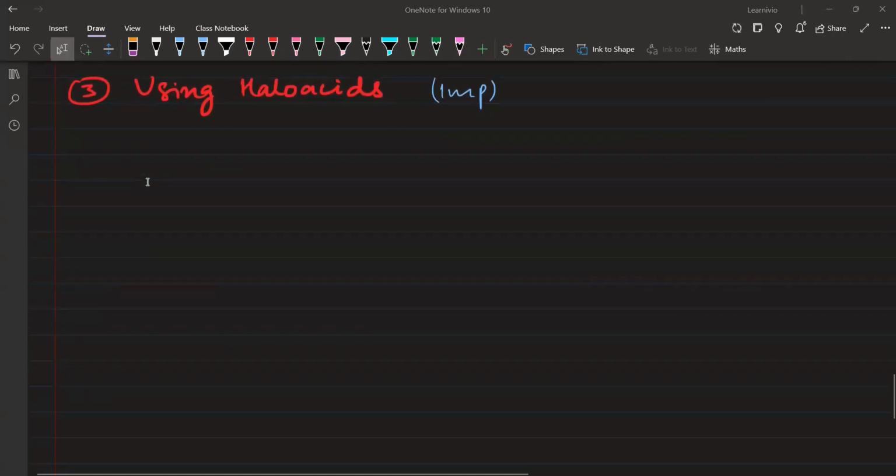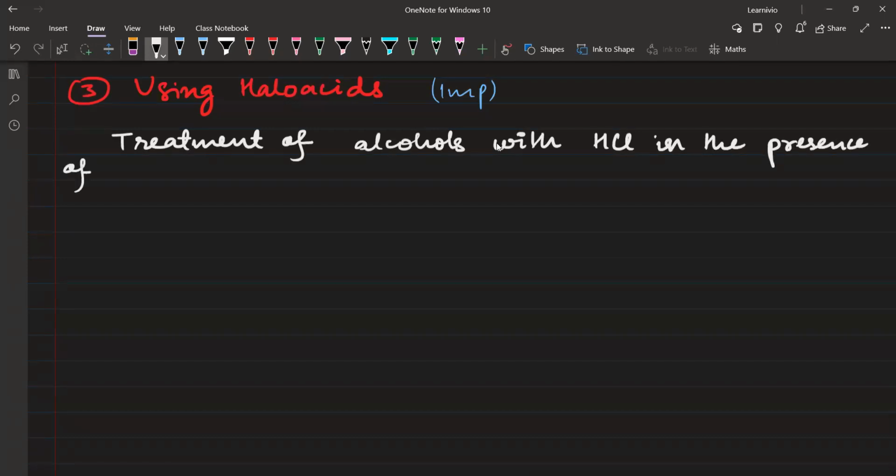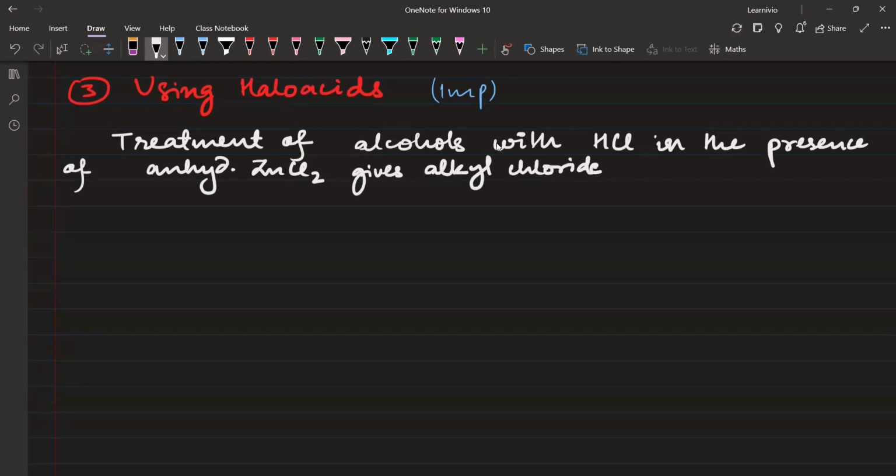So you write next, using halo acids: treatment of alcohols with HCl in the presence of anhydrous ZnCl2 gives alkyl chlorides.